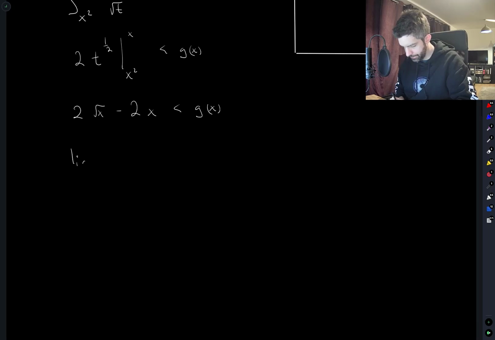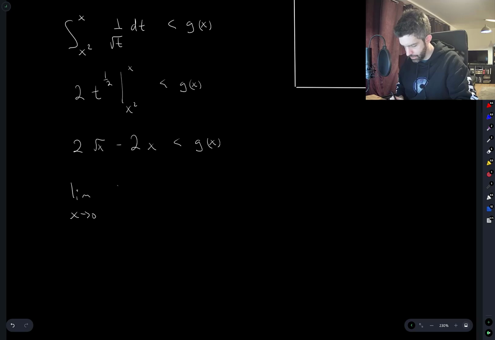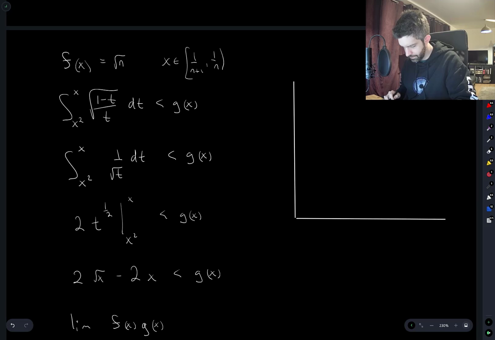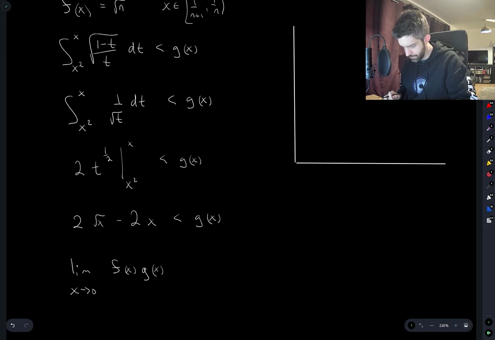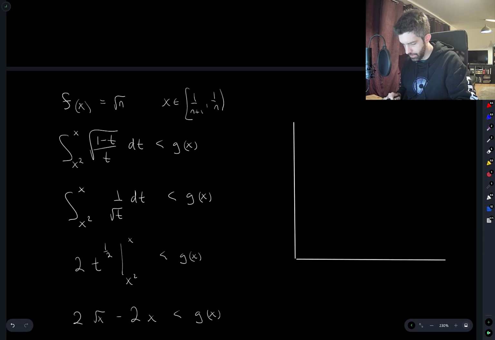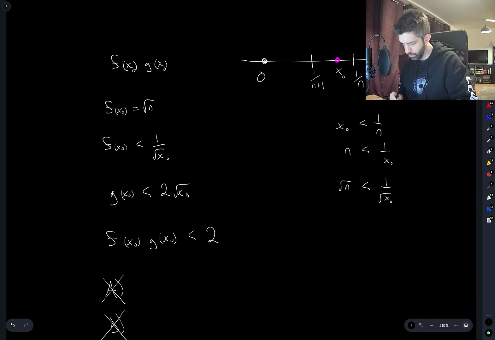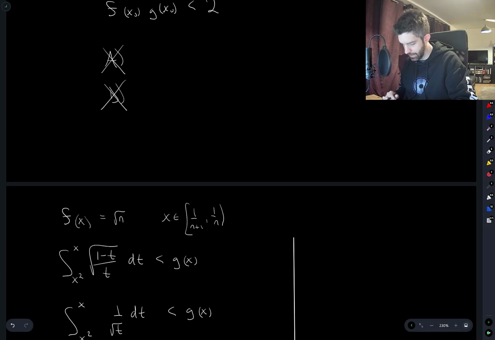So the limit as x approaches 0 of f times g. f is something like 1 over root x, right?